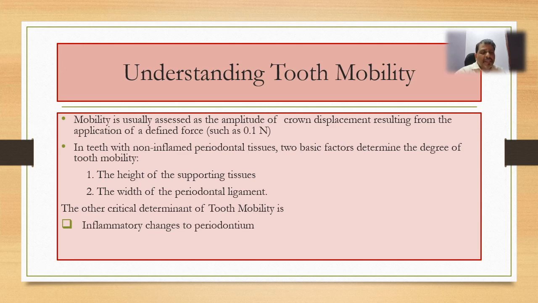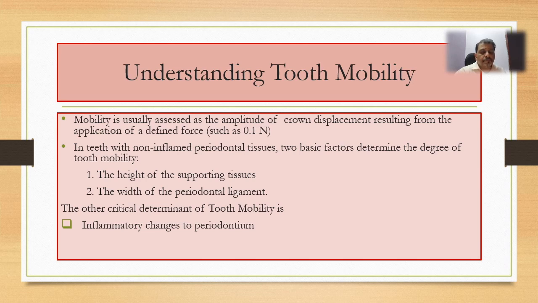One, where the tissues are compromised so that the height of the periodontium is reduced. Now, that would indicate that the reduction in size of the periodontium would now cause tissue forces that were previously normal to become abnormal to this compromised periodontium.